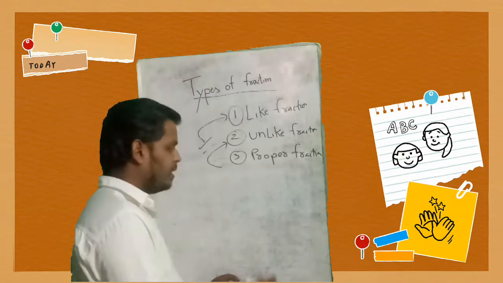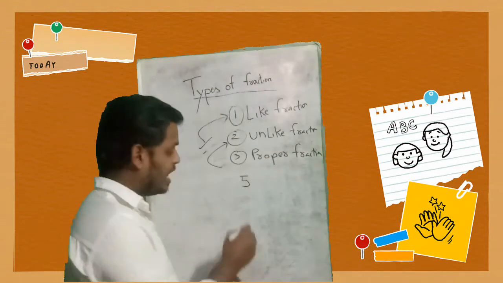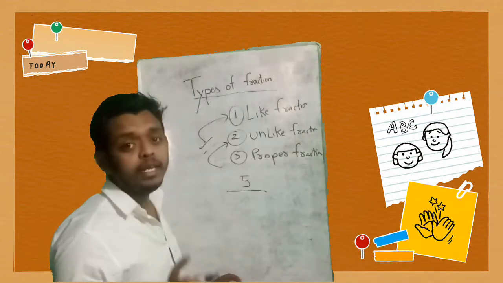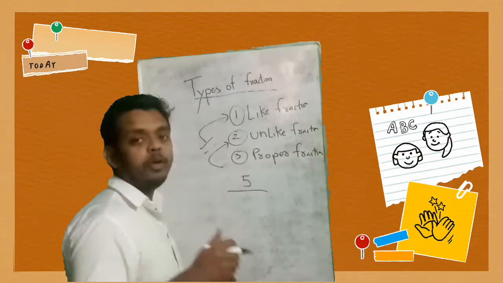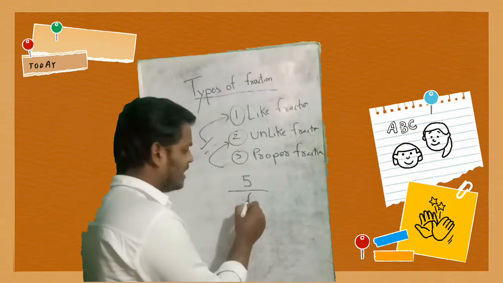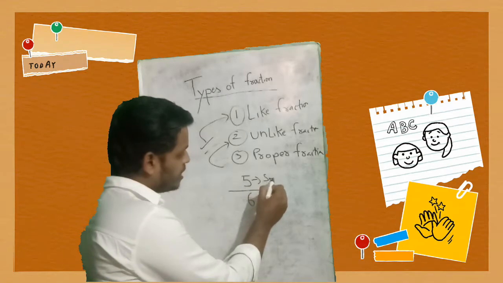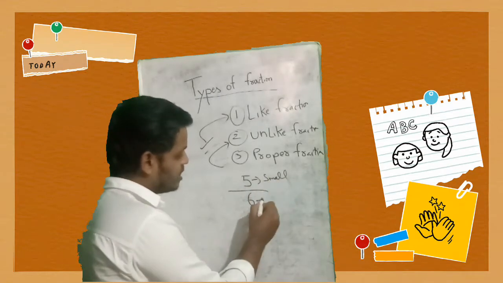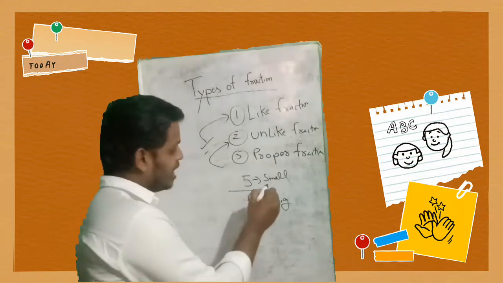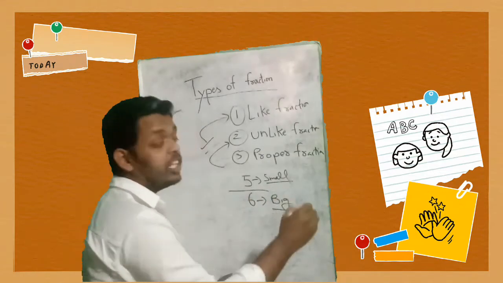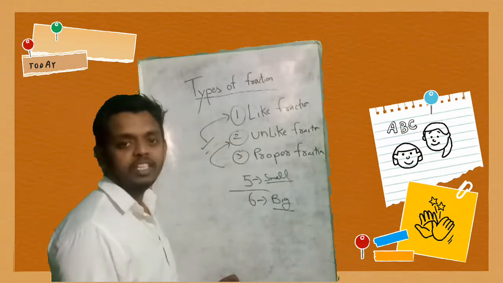Let me show you an example. If I write the numerator as 5, and remember, the denominator should be larger than the numerator, a bigger number than 5, somewhat like 6. Here you can see this one is small and this one is big. When the numerator is small and the denominator is big, those types of fractions are known as proper fractions.